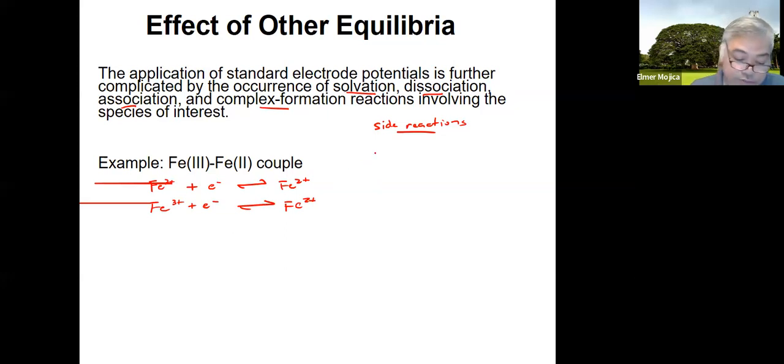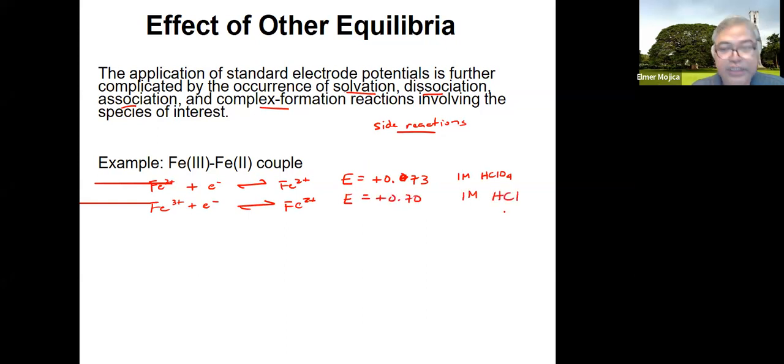They found out that at different acids, they have a different potential. For instance, this has a potential around plus 0.73 in 1 molar perchloric acid, and this one has a potential around 0.70 in 1 molar HCl.